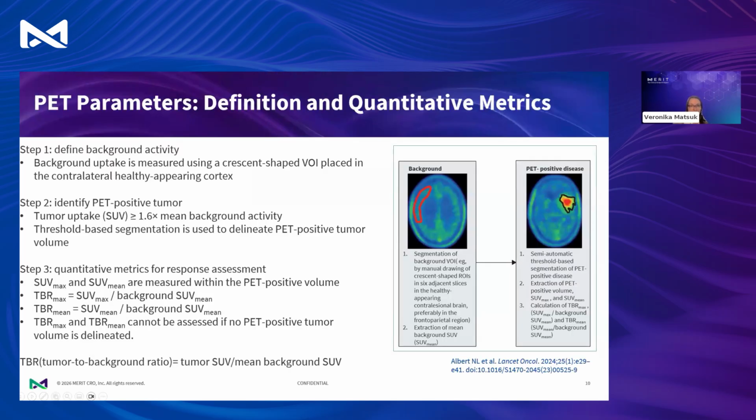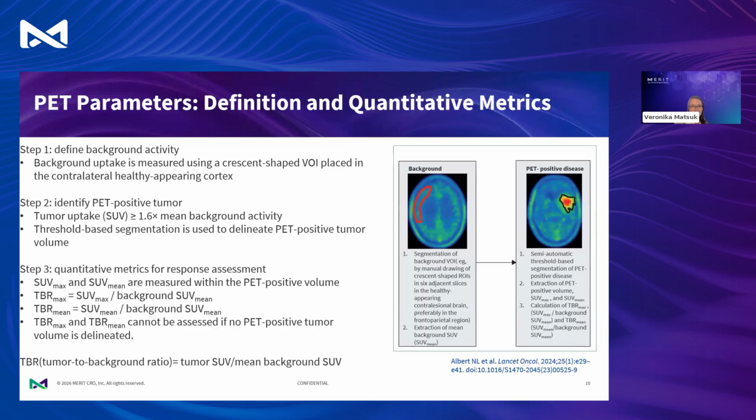So this slide covers the measurement framework that underpins all of PET RANO. There are 3 key steps, and consistency across all 3 steps at every site and at each time point is what makes the framework work. The first step is defining the background activity using a crescent-shaped volume of interest in the healthy-appearing contralateral brain.